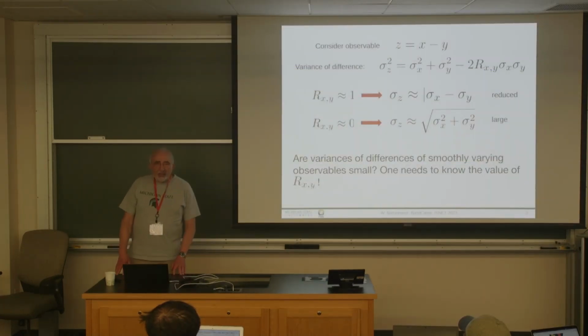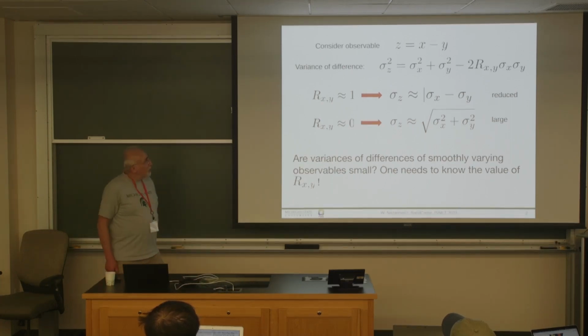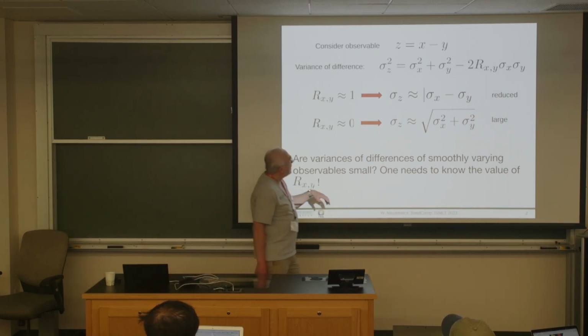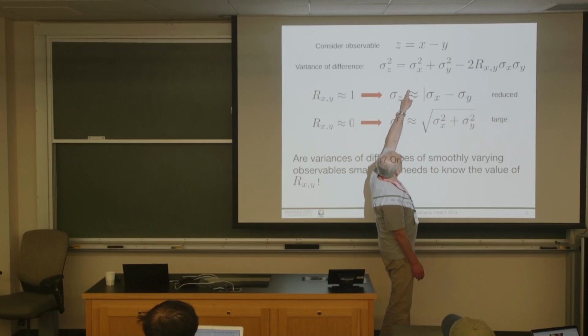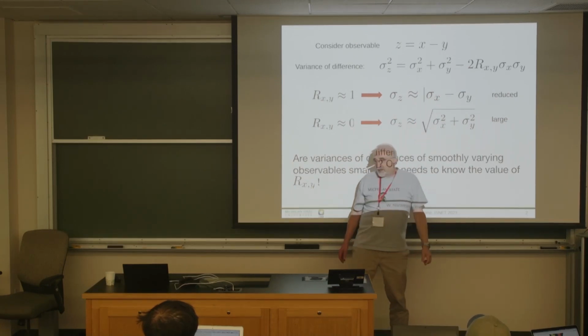But so consider a difference of two observables, x and y. So z is a difference, is an observable, right? Which is a difference of two observables, x and y. And we know that sigma square of z, the variance of z, is obtained through the variance of x, y, and there's this correlation, or covariance, right?